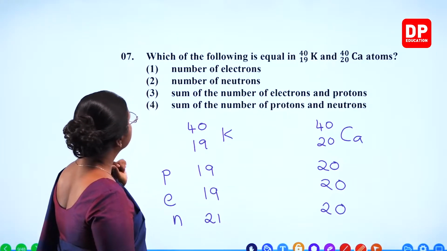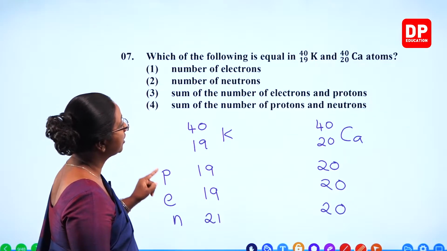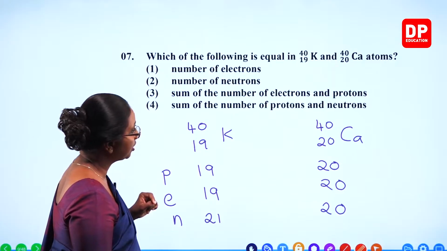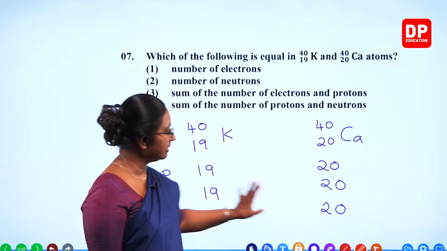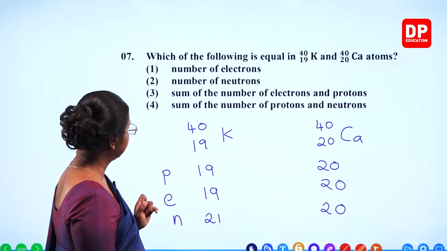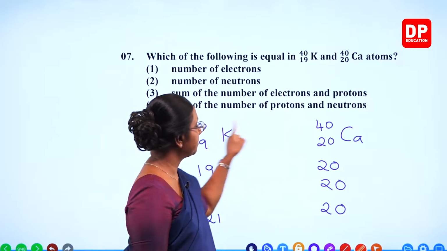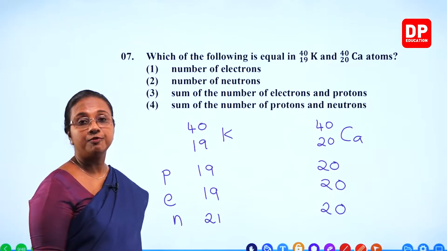Now, if you look at the question, which of the following is equal in 40-19 potassium and 40-20 calcium atoms? None of these particles are equal in number. What is the similarity? Here, only the mass number is equal. Both of them have the mass number 40.